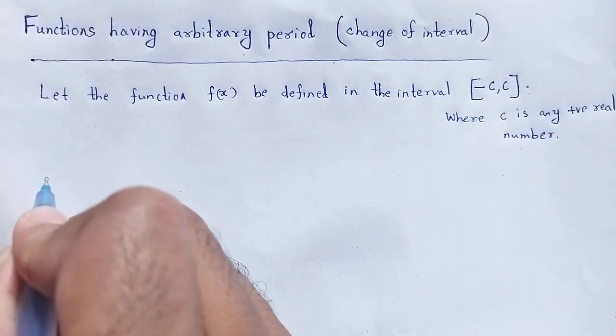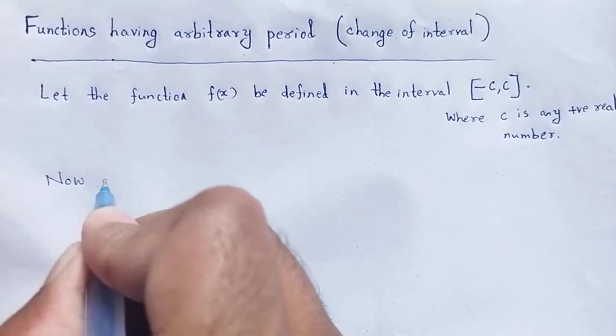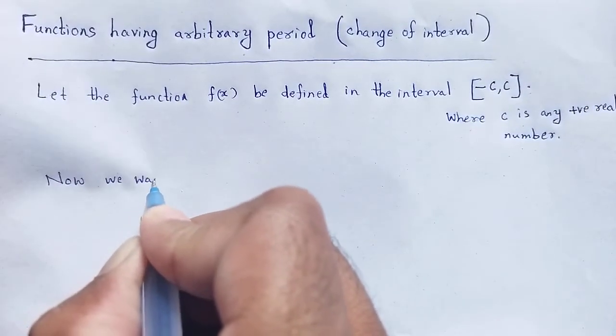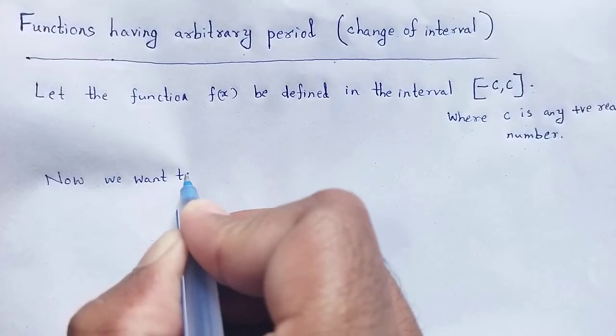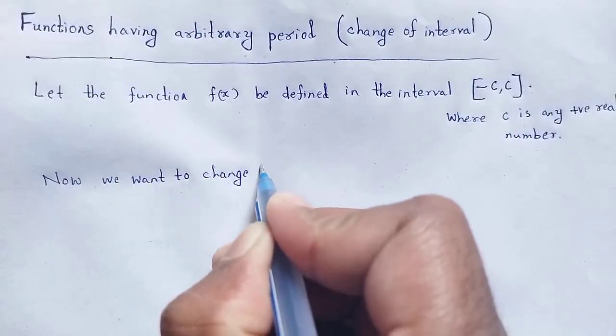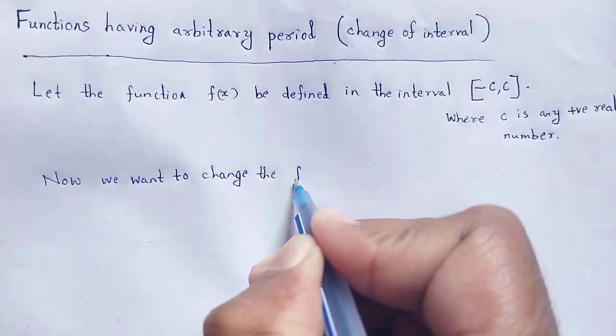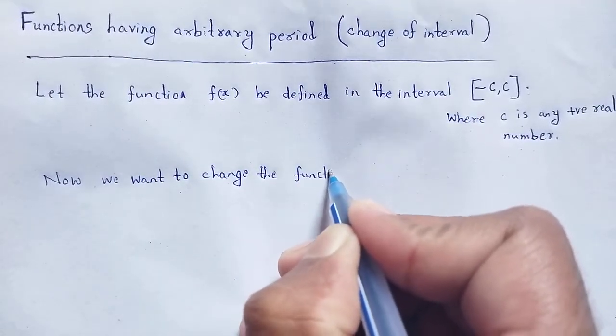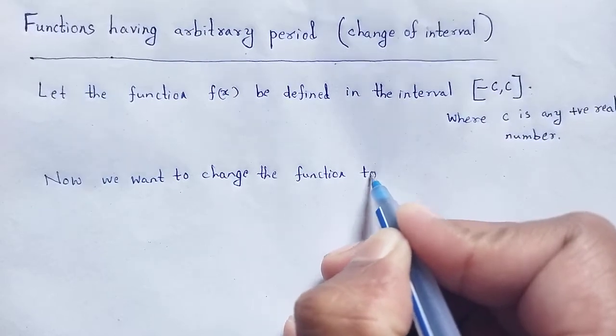Now we want to change the function to the period of 2 pi.